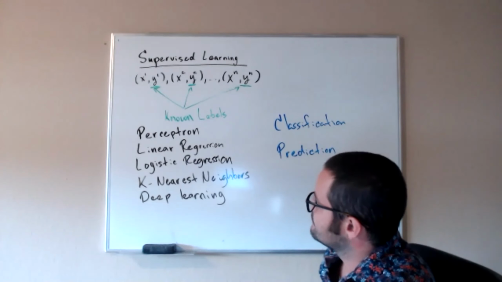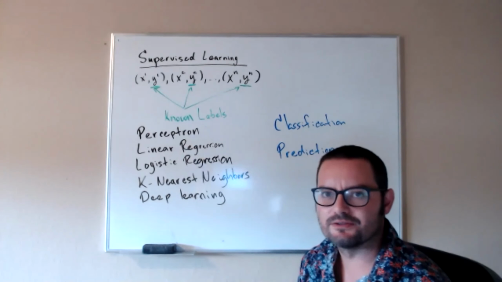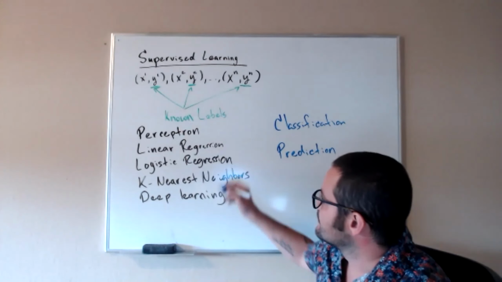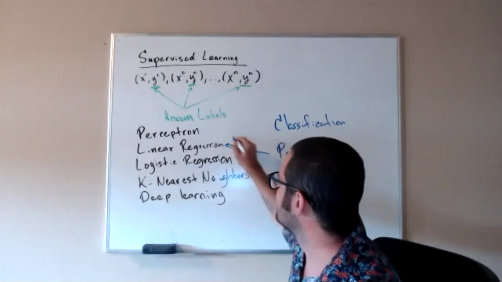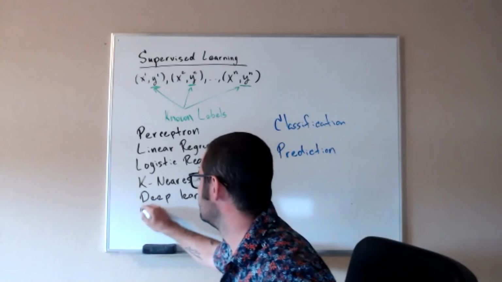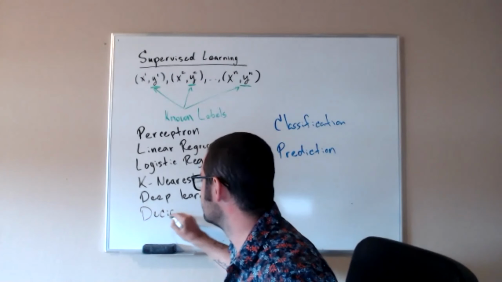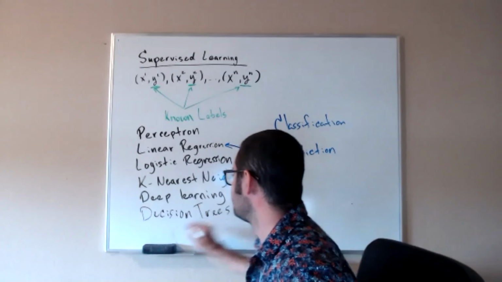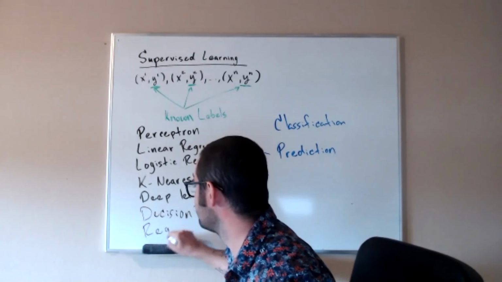Classification would be like the perceptron, where you're trying to classify these points as a certain label, whereas prediction would be like regression. Oh, I almost forgot one: decision trees and regression trees.